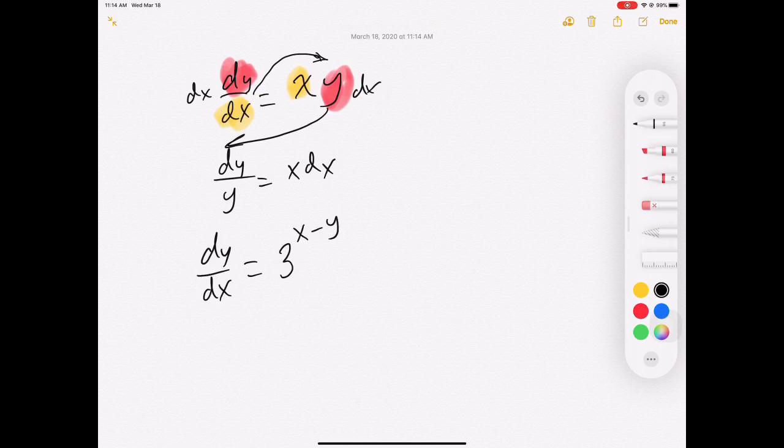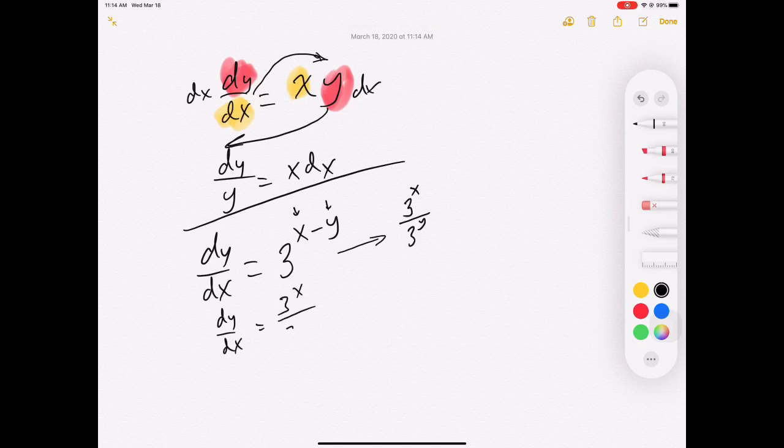Well, if you notice that x and y are in the exponent, how am I supposed to separate that? Just like we talked about in our lesson previously, that's actually 3 to the x divided by 3 to the y. And now they're separated. We first do this transition, and then we have dy over dx is equal to 3 to the x over 3 to the y.